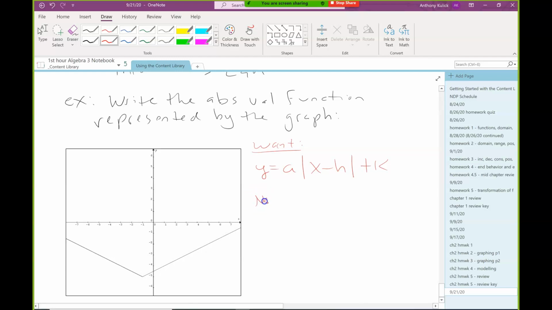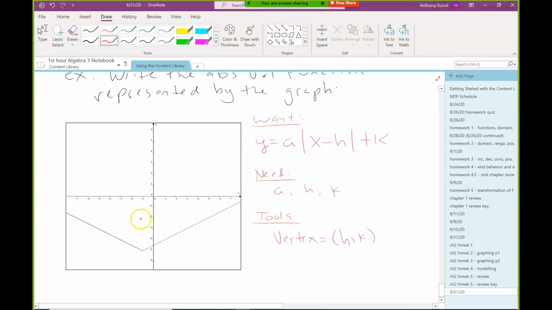In order to write that equation, we need three things, right? We need a value for A, we need a value for H, and we need a value for K. Two of these are quite easy to get. The first tool, the vertex of our graph, is always going to be the coordinates (h, k).